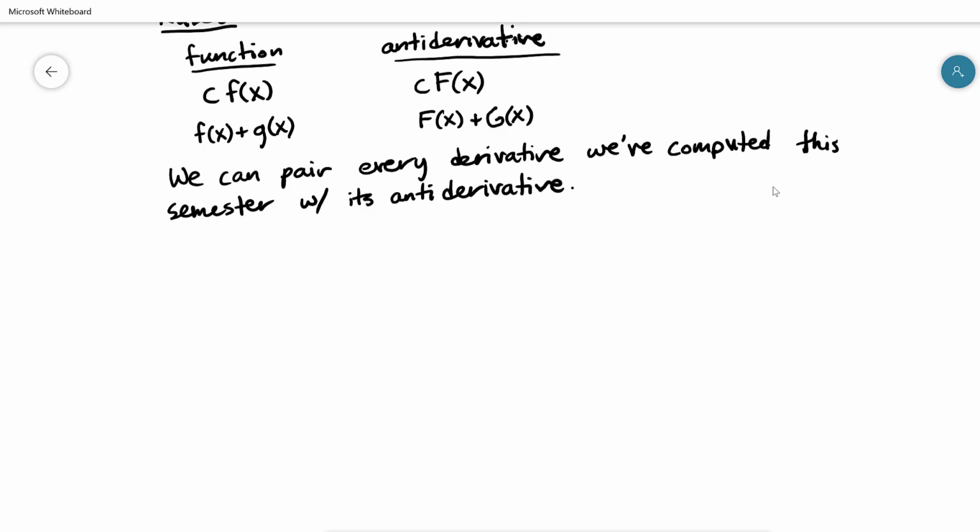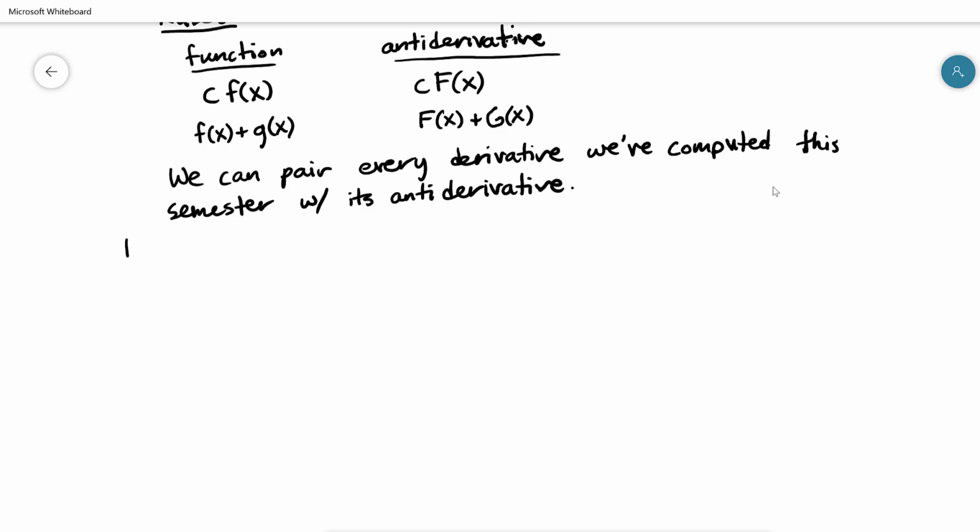We can come up with just this big list of pairings, basically. Everything that we know how to take a derivative of, if we know what that derivative looks like, we should know what the antiderivative looks like as well. So just keep that in mind.